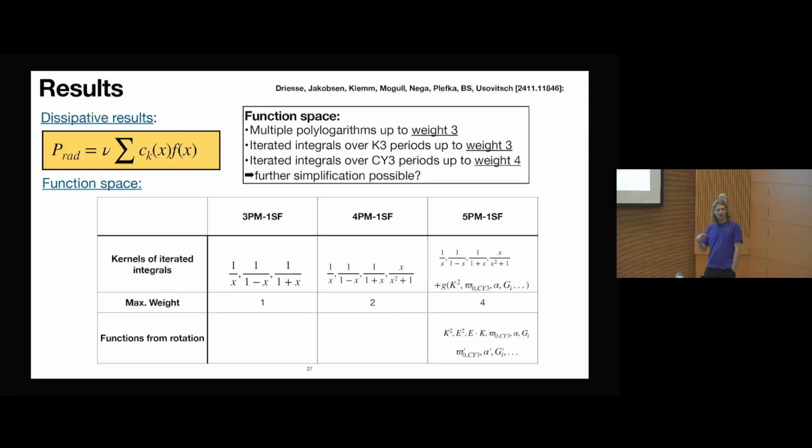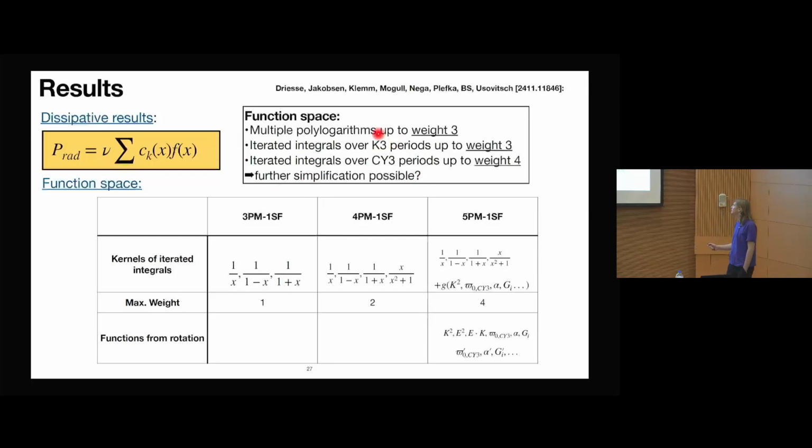Additionally, we also get now iterated integrals over the square of elliptic, or K3 period, up to weight 3. And we get iterated integrals over the Calabi-Yau threefold periods up to weight 4. So here we see a weird jump in the weight, which we also don't really fully understand yet.